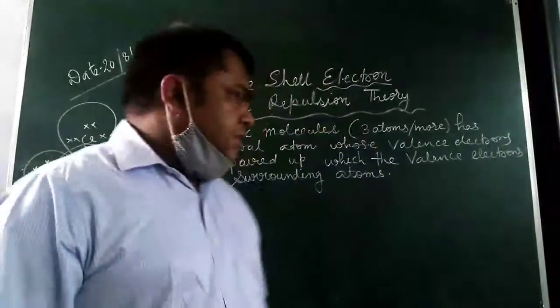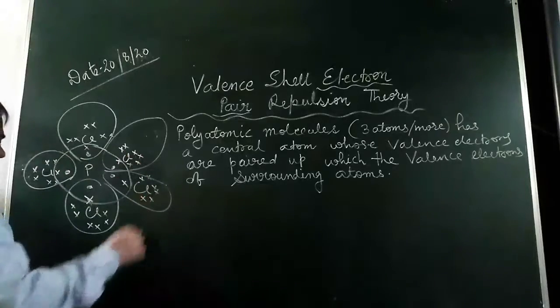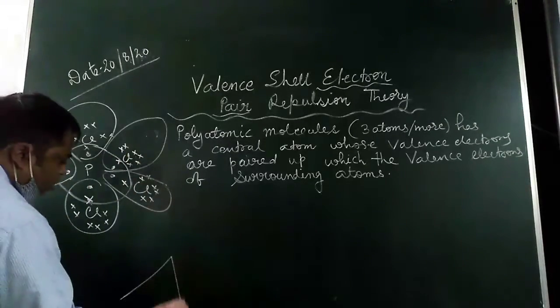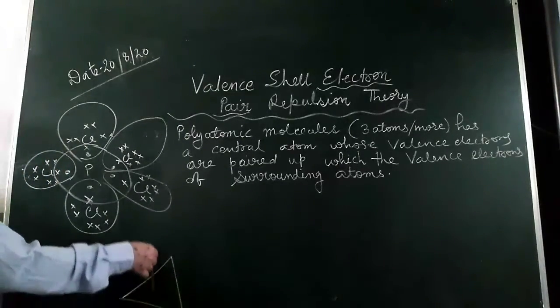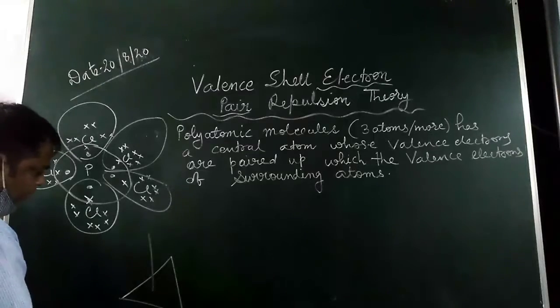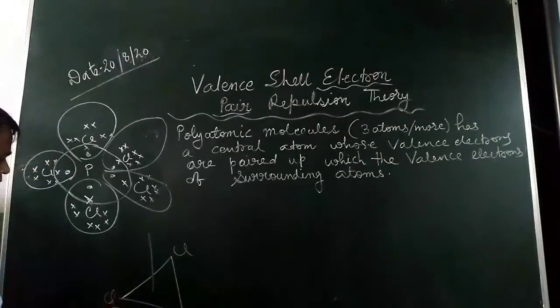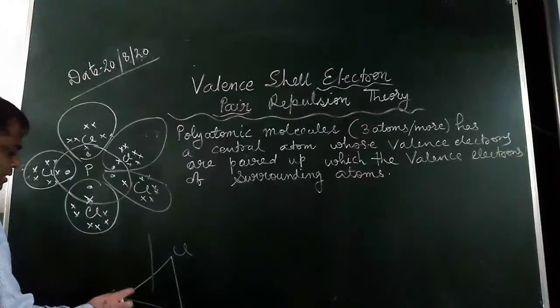Now, in an attempt to stay away from each other, they orient themselves in such a shape that minimum repulsion is experienced. So you will find that these 3 electron pairs will be in one plane, a triangular equatorial plane, and one chlorine will be above the plane and another chlorine will be below the plane. Since this is not a solid bond, I will make it with dotted lines.